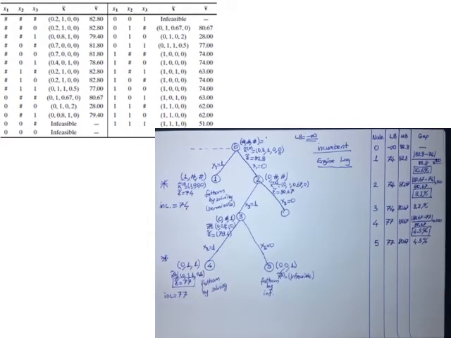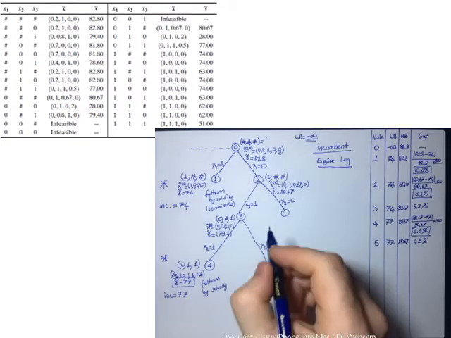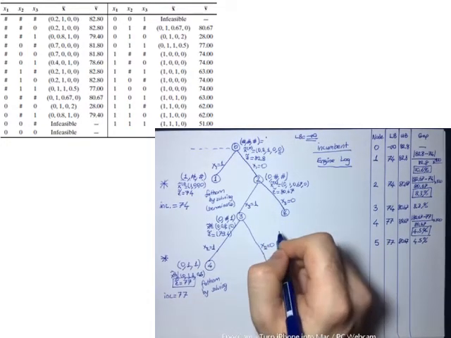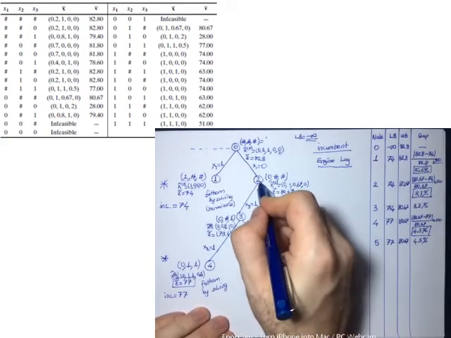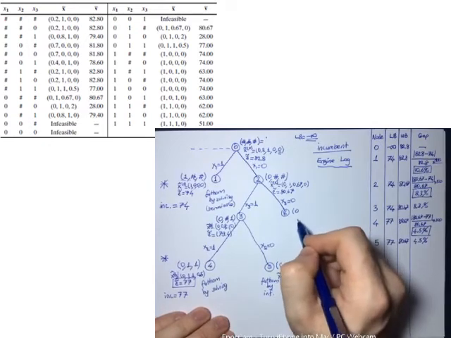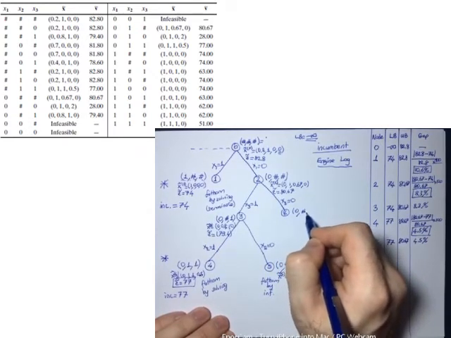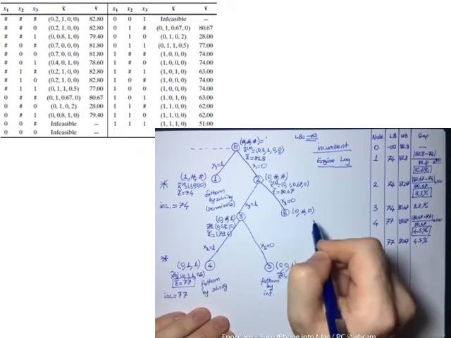I have only one remaining node, which means that I need to number that node as node 6. And what problem am I solving here? Again, you need to follow back to the root node. And you see x1 is fixed to 0, x2 is free, and x3 is fixed to 0.